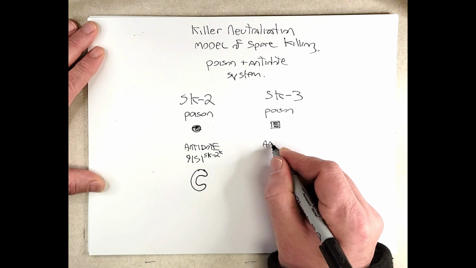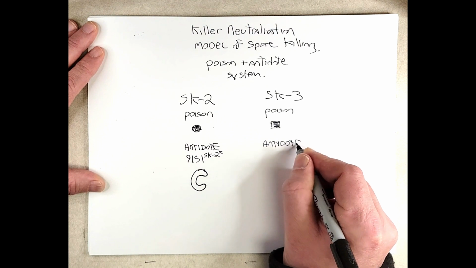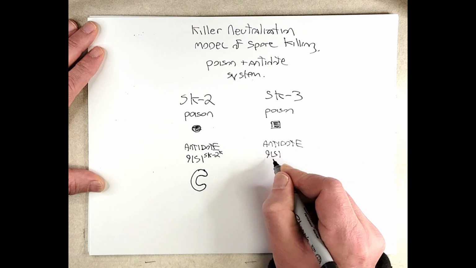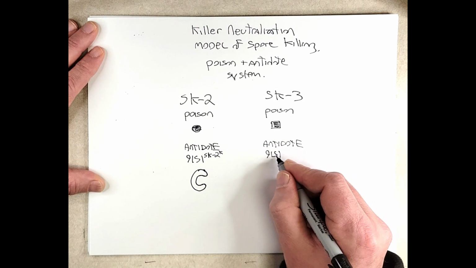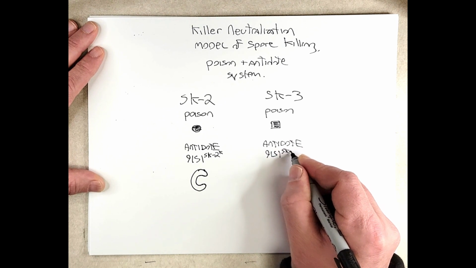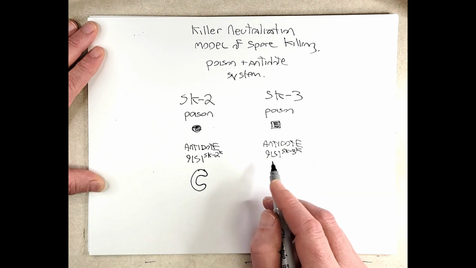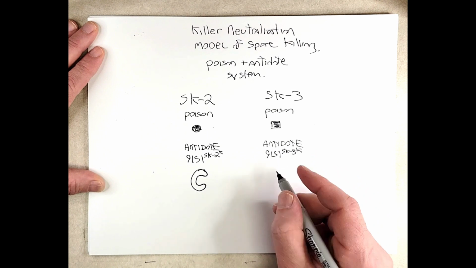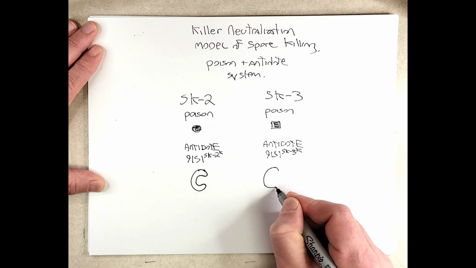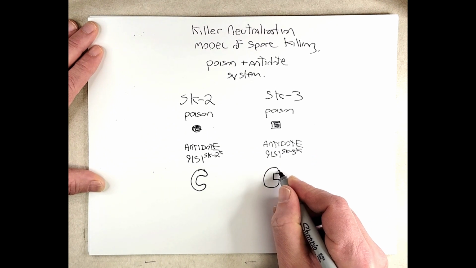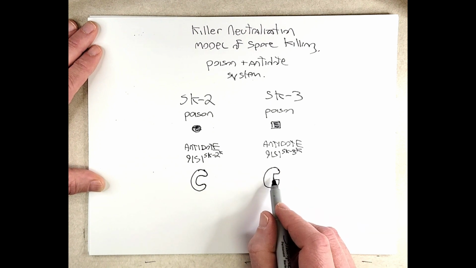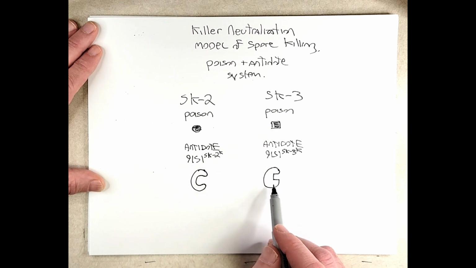Now in SK3, the antidote protein is going to be a different version of NCU09151, the SK3K version, and it has a structure that looks like this. It is going to neutralize the SK3 poison.